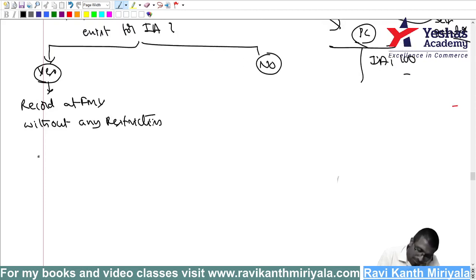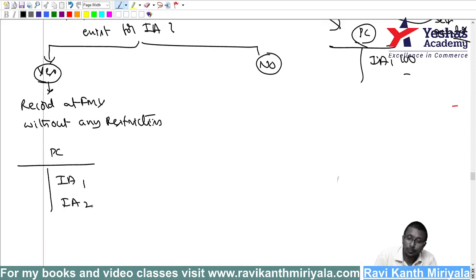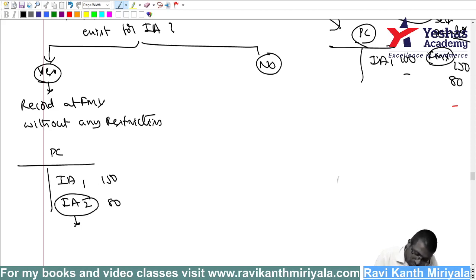In the case of the purchasing company, there is an intangible asset 1 and an intangible asset 2. Let us say the fair market value of this intangible is equal to 150, and this intangible is equal to 80. Record intangible asset 150, and this one 80.